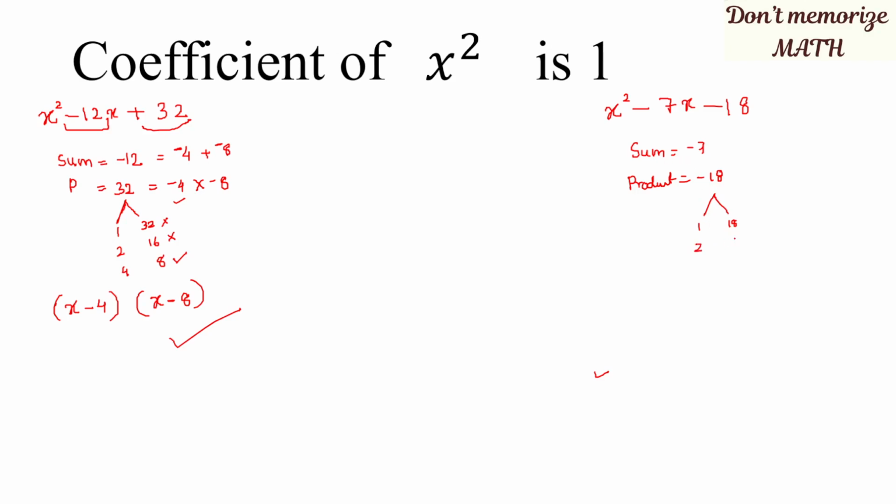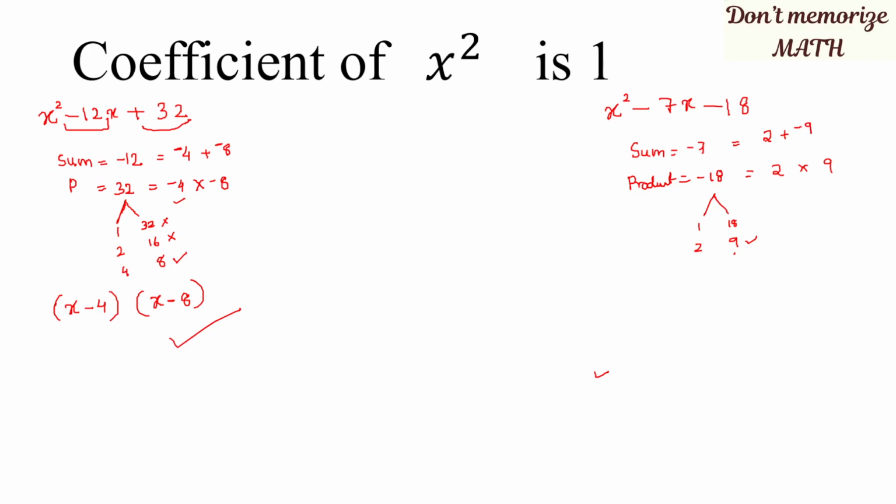So 2 and 9. 2 minus 9 is minus 7 and 2 times 9 is 18. Yes, this is the correct pair, 2 and 9. So we have 2 times 9 is 18, but we have negative 18. Let's see which one will become negative. Here minus 2 plus 9 is not negative 7, so it must be 2 plus minus 9.